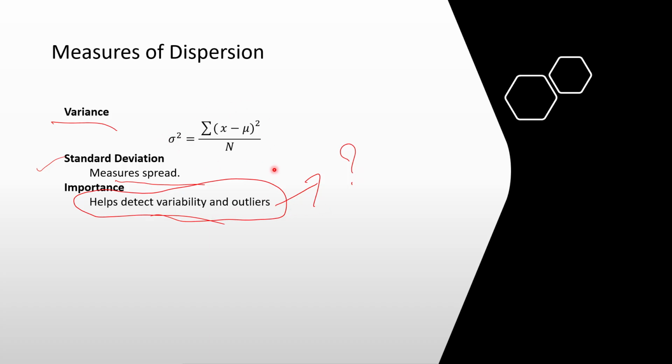So what does outlier mean? For example, 5 students are having some average marks, like we can say 60, 70, 80, 90, something like that. But one student is saying he has a mark of 200. Just imagine, it won't happen, but it is happening. He is having a mark of 200, so this is the outlier.